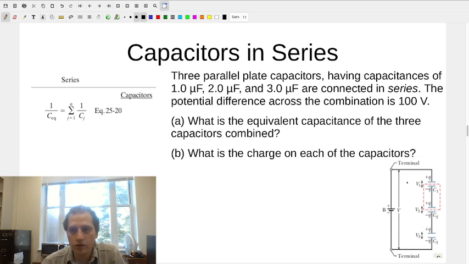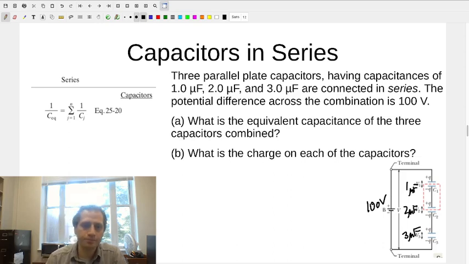So in this case, you have a 1 microfarad, a 2 microfarad, and a 3 microfarad capacitor, connected in series. Each one will have a different voltage drop across it, but the sum of the three drops will equal the 100 volts provided by the voltage source. And then it asks, what is the equivalent capacitance of the three capacitors combined?